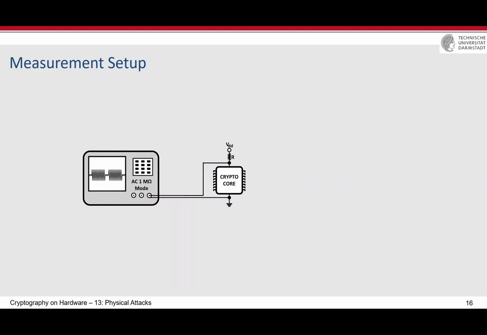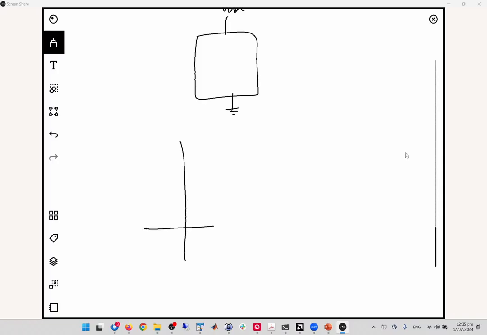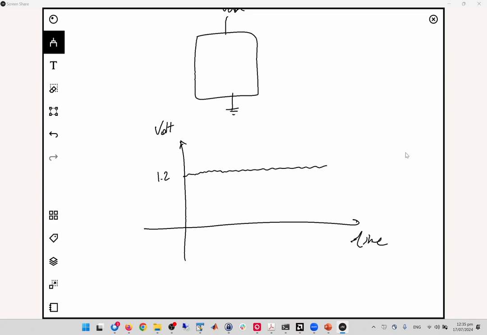This is your signal, this is time, and this is, for example, volts. One signal is, for example, 1.2 volt, and it's changing like this. This is measuring in DC, which means you see exactly 1.2, and it fluctuates a bit at the top.